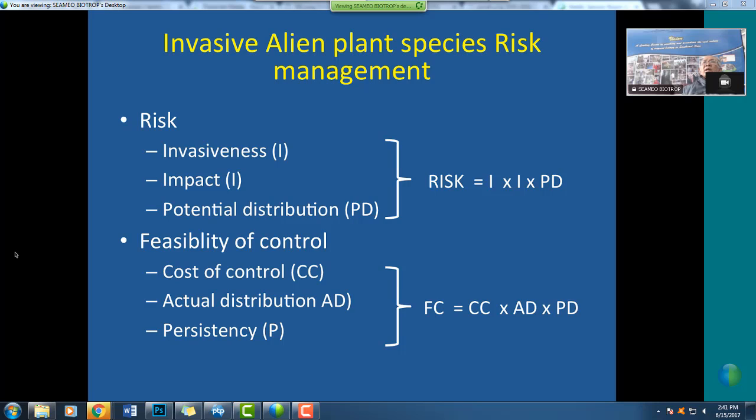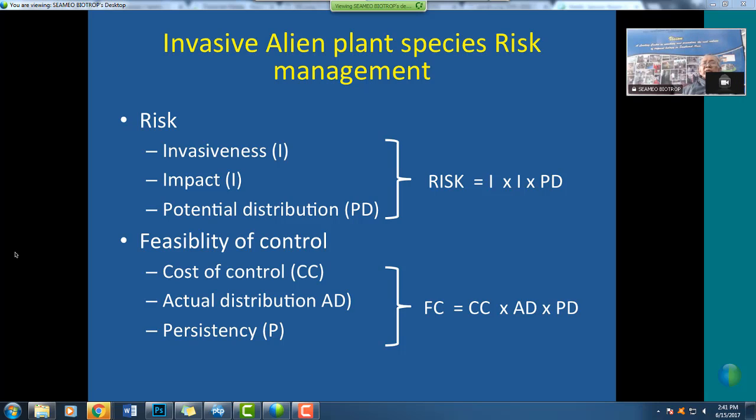So invasive alien plant species risk management consists of two sections. The first one is risk analysis, and the second one is feasibility of control analysis. The risk consists of three criteria. First, invasiveness. Second is impact. The third one is potential distribution.